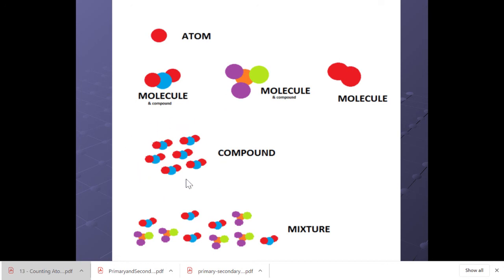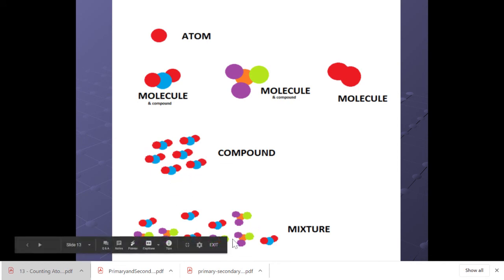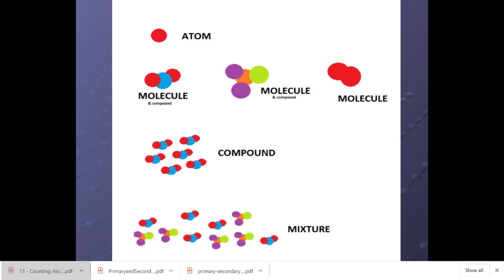A compound, this compound could be water, table salt. And a mixture is going to have more compounds, more elements, more molecules inside.